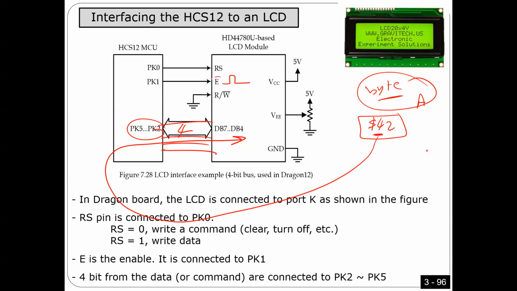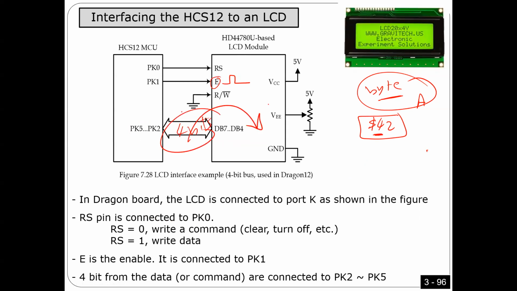Okay, so here on the enable, I have to generate a signal. Once I put 4 bits here, I want the LCD to take them. To do that, I have to generate the signal on this one. Okay, now I finished 4, so I have to repeat again, put the other 4 here, and then generate the same signal here again. Okay, guys. So very simple.